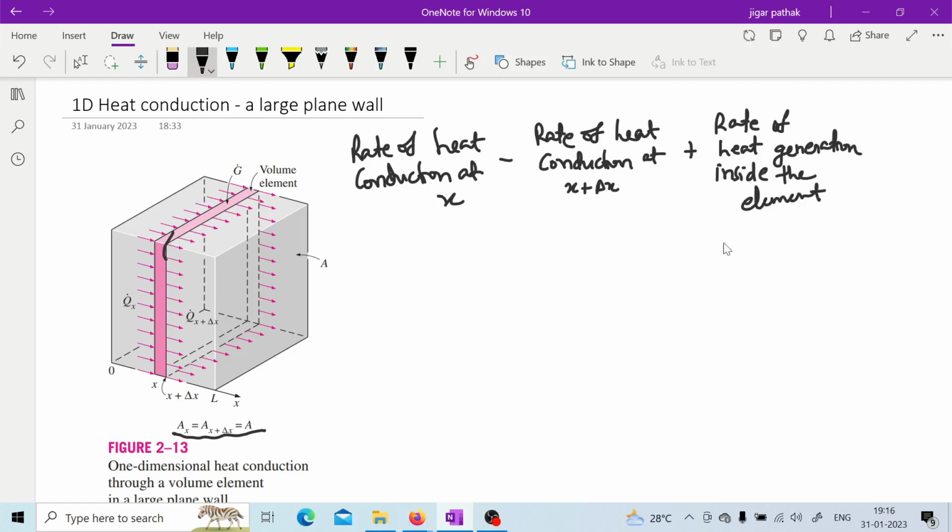So this is particularly, you can equate this to the rate of change of energy, the energy that is changed in that element, right. This rate of change of the energy of that element.